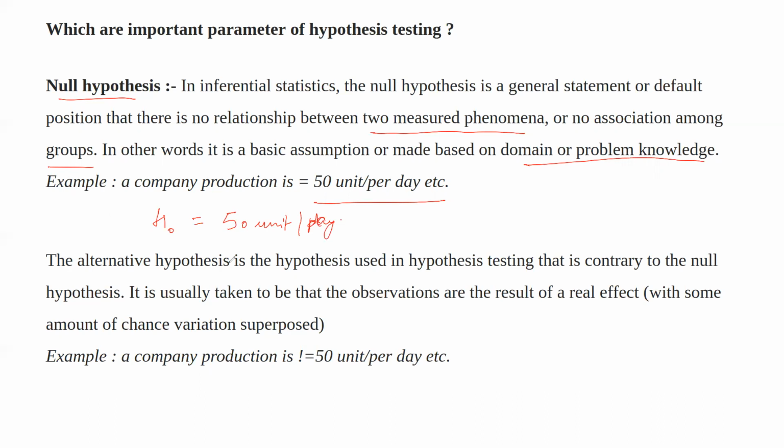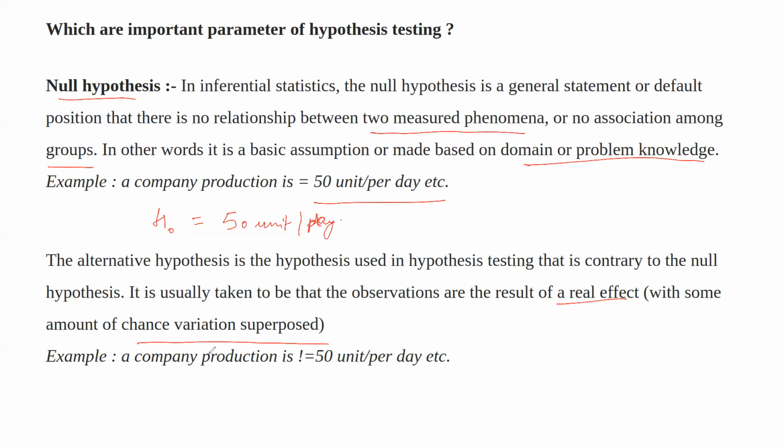And what is the alternate hypothesis? The alternate hypothesis is a hypothesis used in hypothesis testing that is contrary to the null hypothesis. It is usually taken to be that observations are a result of a real effect with some amount of chance variation superposed.